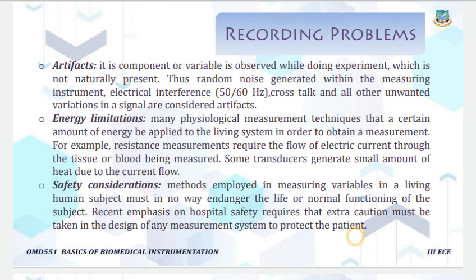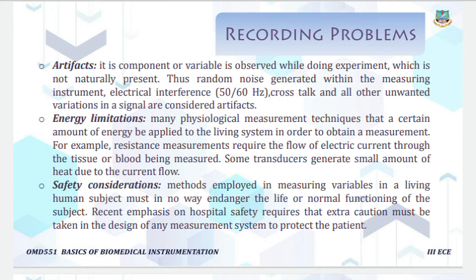Then safety consideration. Any method employed in measuring variables in a living human subject must in no way endanger the life or normal functioning of the subject. While we are doing all these measurements, if it affects the patient, it is a problem, right?